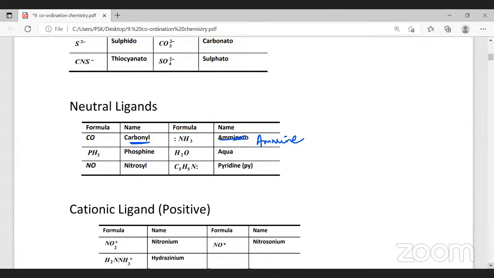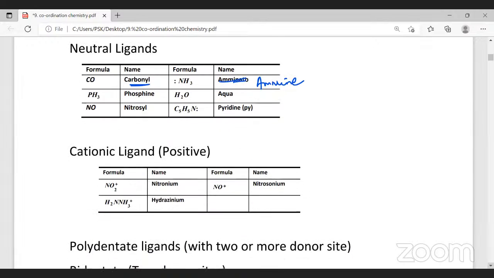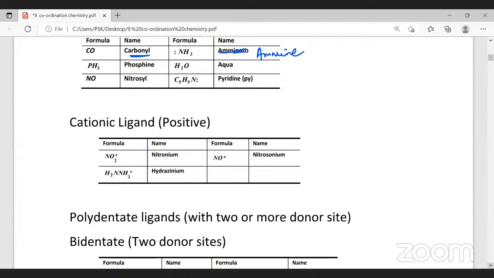And positive ligands are called cationic ligands, and these are few in number. For cationic ligands, the name has to end with -ium. So NO2 plus is called nitronium. NO plus is called nitrosonium ion, and the name of the ion has to end with -ium because it's a positive ion.